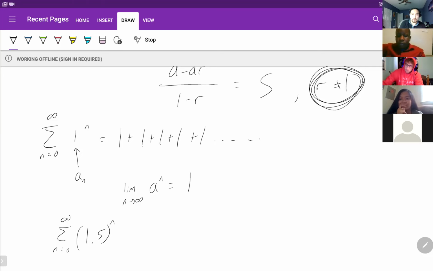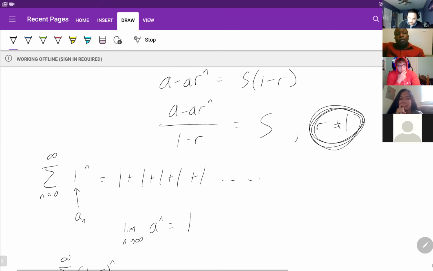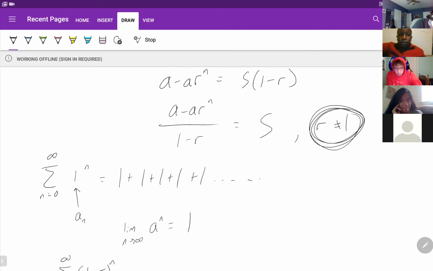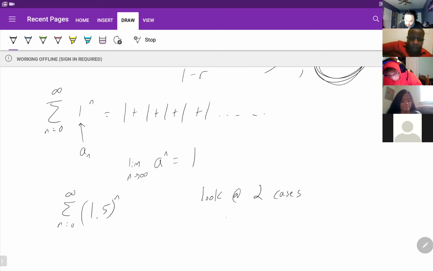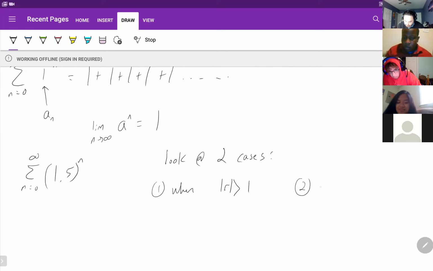So if we're looking at those values, we can look at 2 cases: when the absolute value of R is greater than 1, and when the absolute value of R is less than 1.